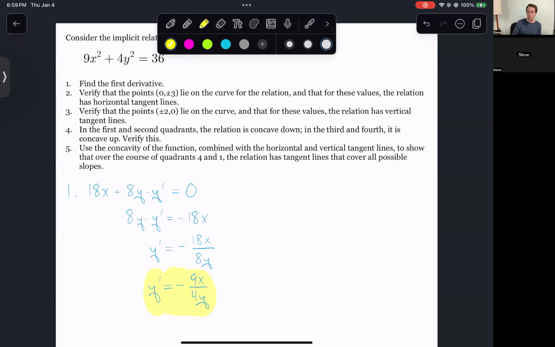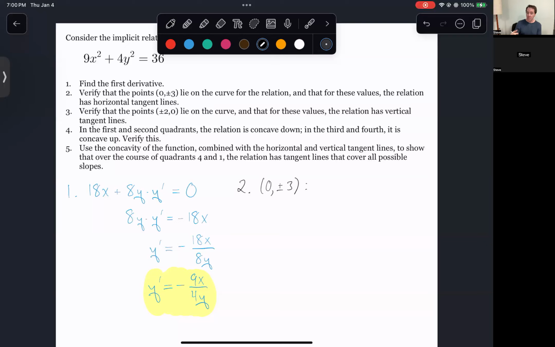First of all, number two, verify that the points 0, plus or minus 3 lie on the curve for the relation, and that for these values, the relation has horizontal tangent lines. This does have two parts. First of all, we need to verify that those points lie on the curve in the first place. So for problem 2, checking that 0, plus or minus 3 actually lies on the relation it's a matter of replacing x with 0 and replacing y with 3 or with negative 3.